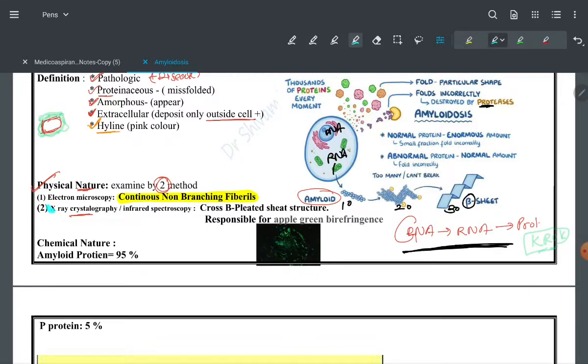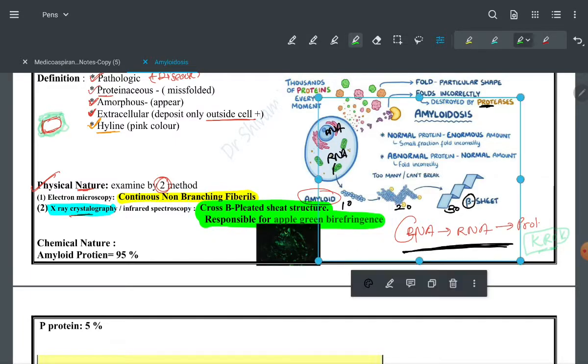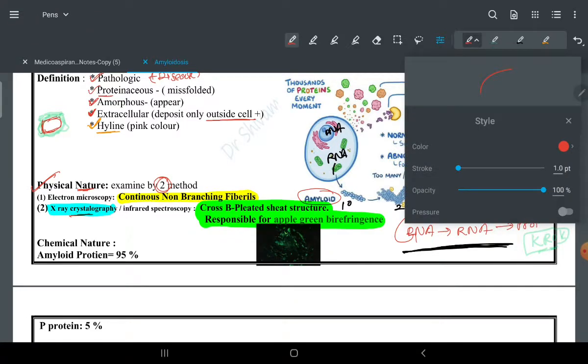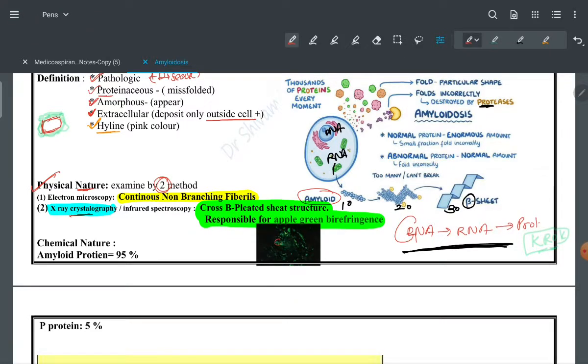In X-ray crystallography, it appears as a cross beta pleated sheet, or you can say it shows apple-green birefringence. From a more technical point of view, you can look at this diagram here. It is the apple-green birefringence structure. It is given here, right? So these are the amyloids.